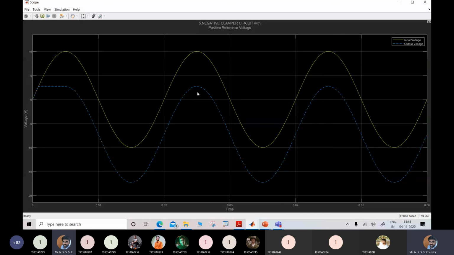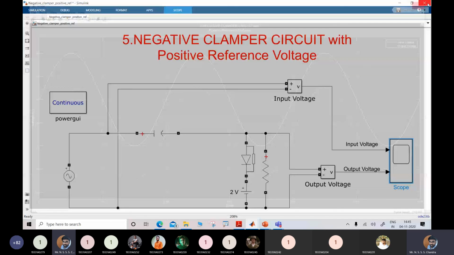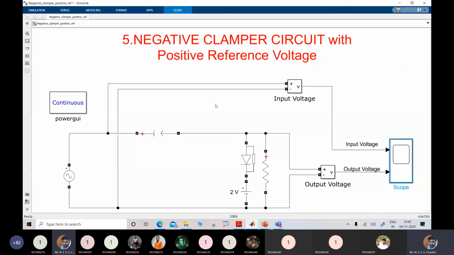You can see that earlier it was here somewhere, now it has slightly risen. It is varying from plus 2.7 to minus 17.3. This is a negative clamper circuit with positive reference voltage.